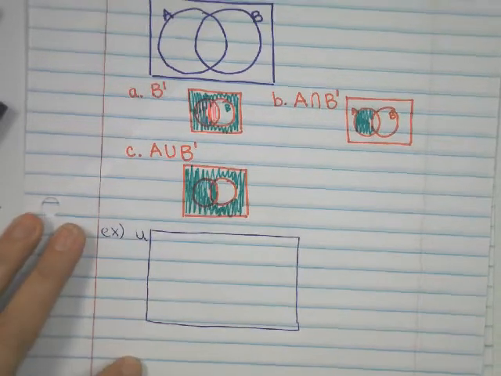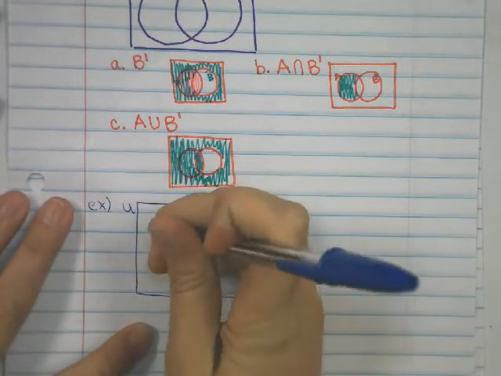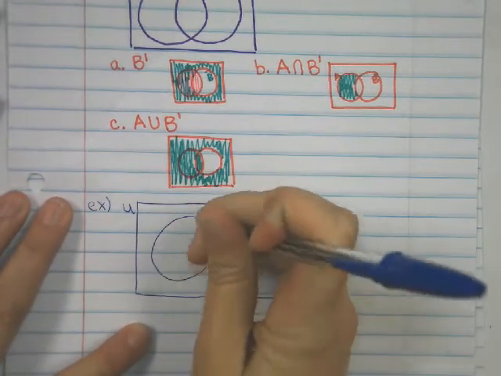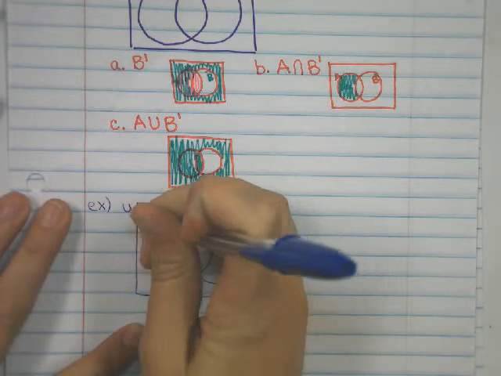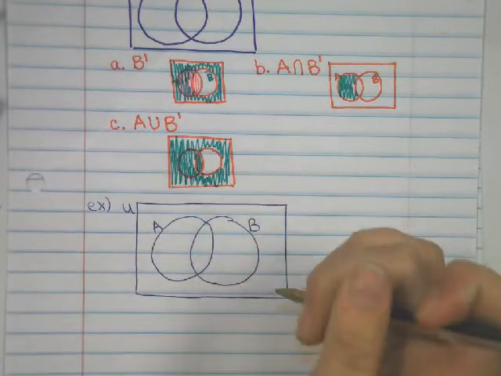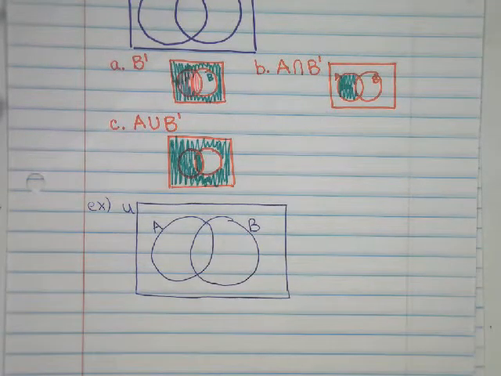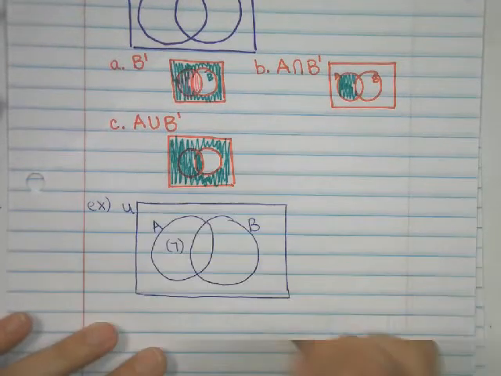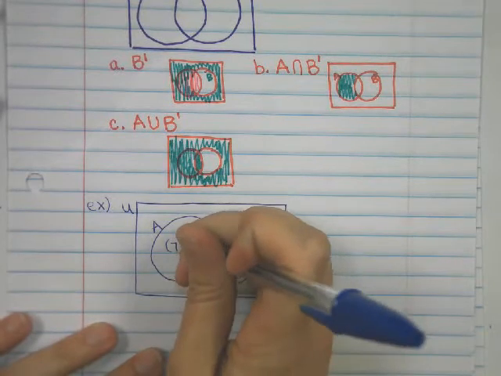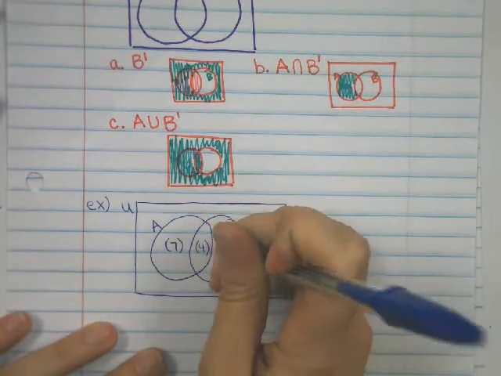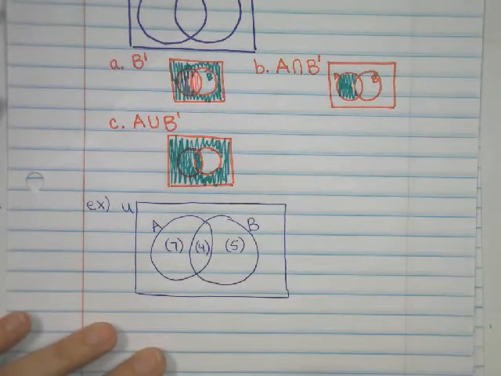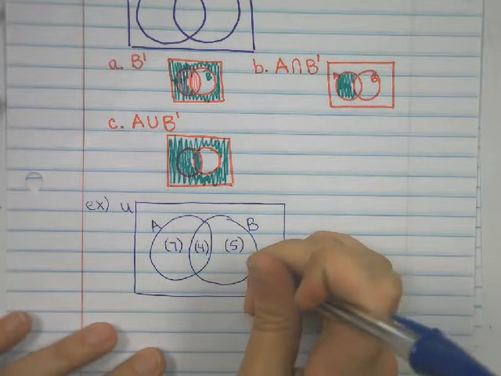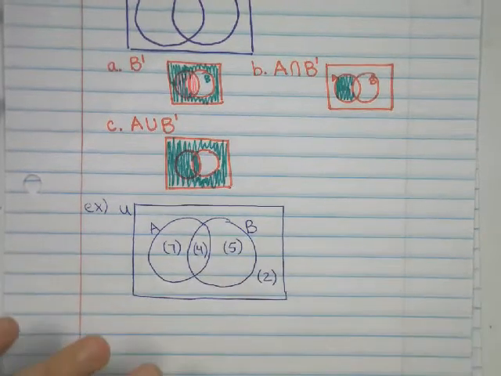This is our universal set U, as always. This is A, this is B, and I'm going to put some little numbers in here and explain what they mean. I'm going to put a 7 here, a 4 here, a 5 there, and a 2 here.